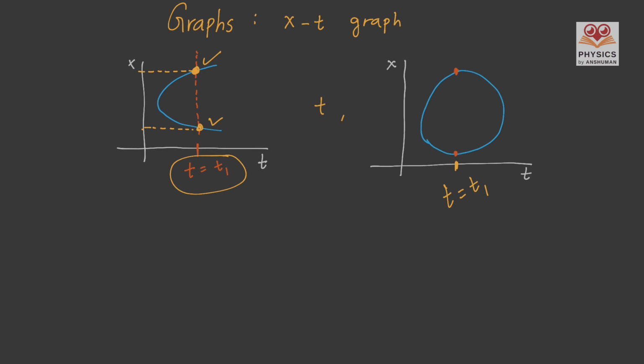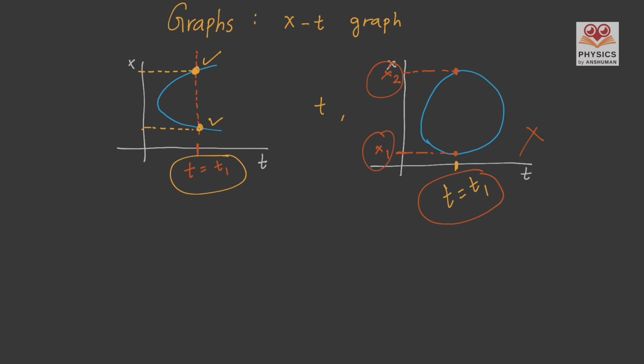Position is depicted by the position axis, so there is some value. Let's say this is the x1 value and this is the x2 value. So x1 and x2 are the positions of the object for the same point of time. At one time there are two positions given, which is again not possible. So this graph or curve shows incorrect motion on the position time graph.